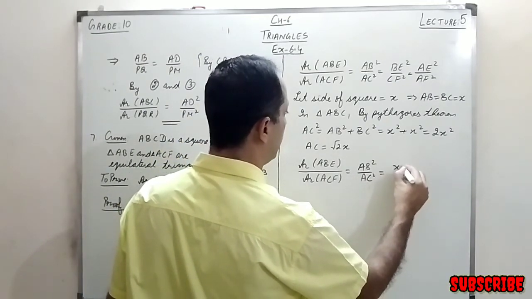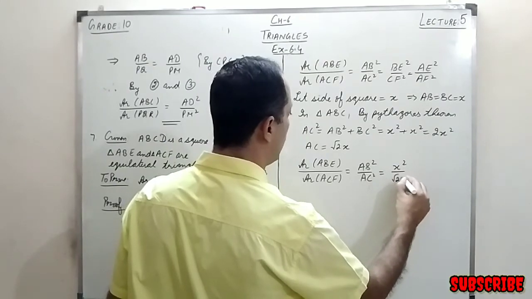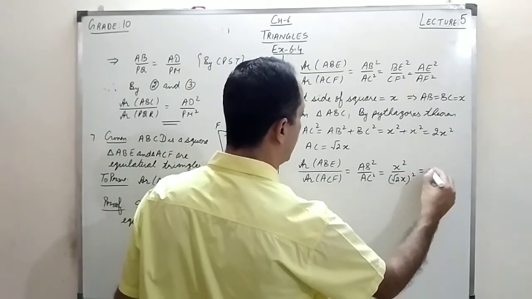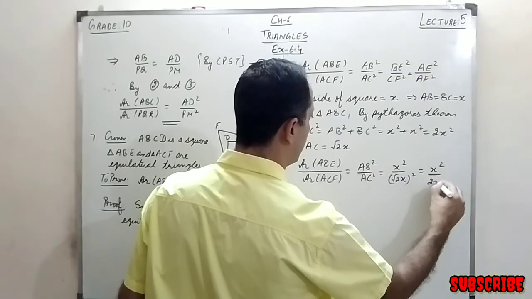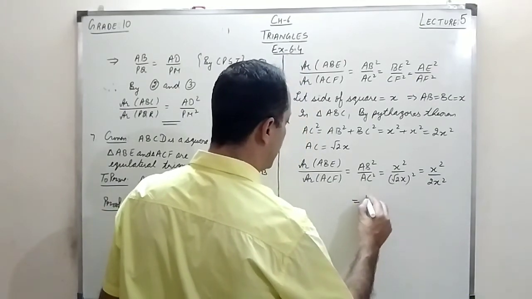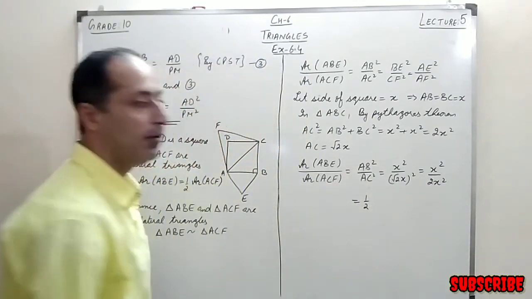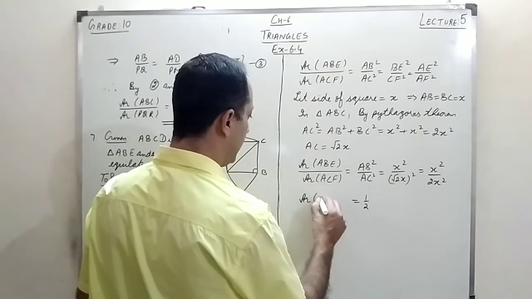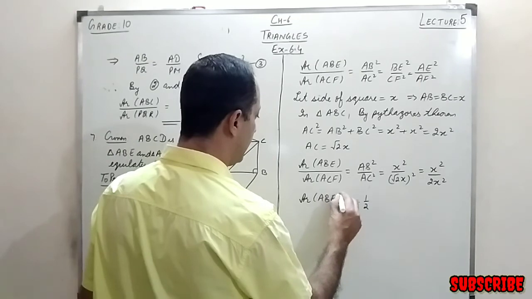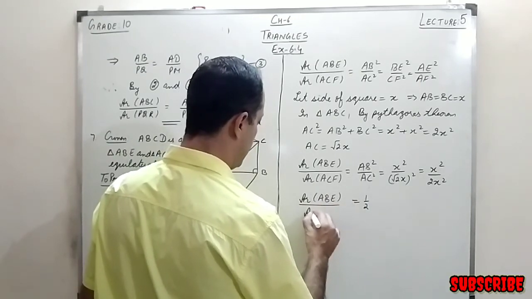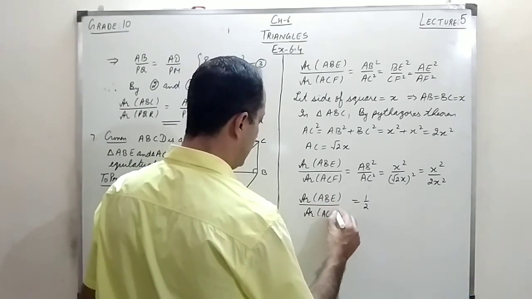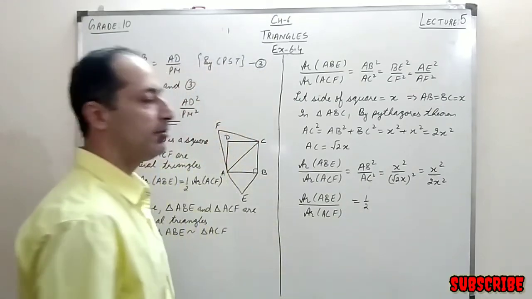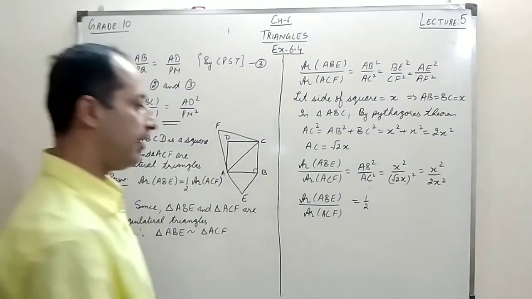This is x square upon root 2 x whole square. And I get it as x square upon 2x square. And after cancellation, I get this as 1 by 2. So we can say area of ABE upon area of ACF is equal to 1 by 2, and this is the desired result.